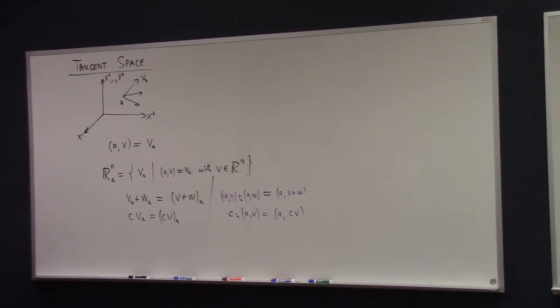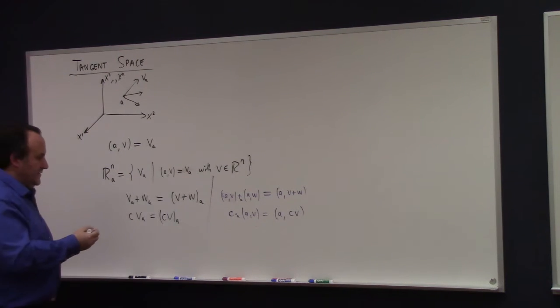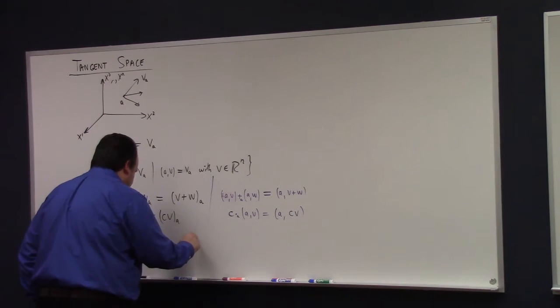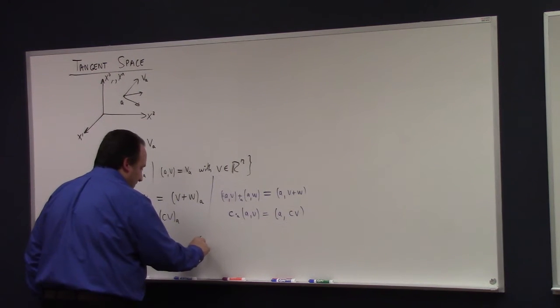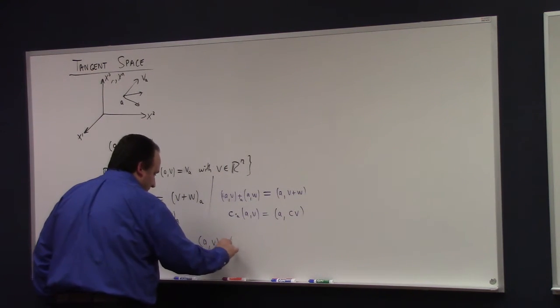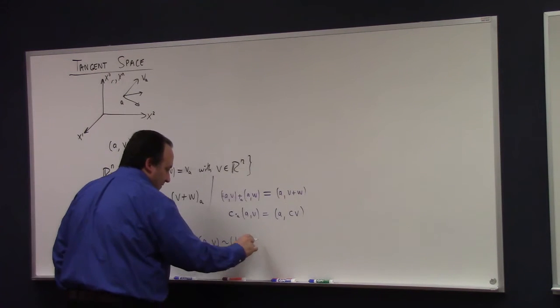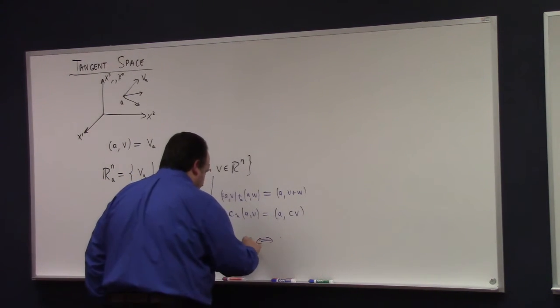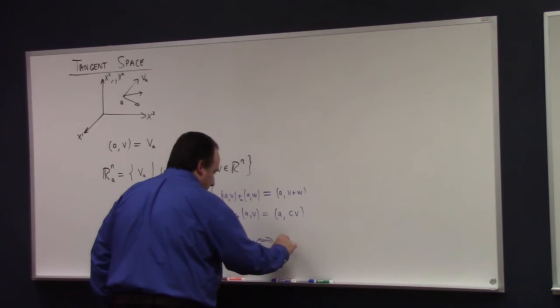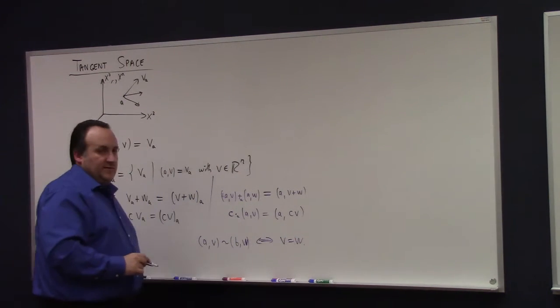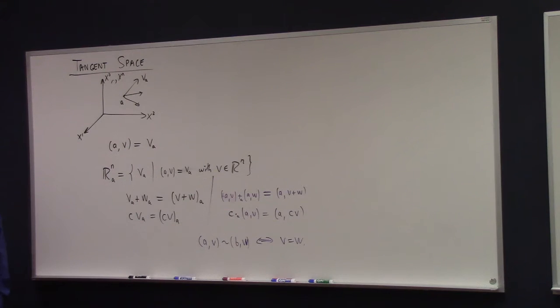Yeah? Couldn't this all be shifted back to 0? It could be, but we don't want to, because we want to do it on manifolds. In physics, and a lot of times in applied mathematics, we work with the equivalence relation: A comma V is equivalent to B comma W if and only if V equals W. So basically, two vectors at two different points are equal only if they have the same attached vector.